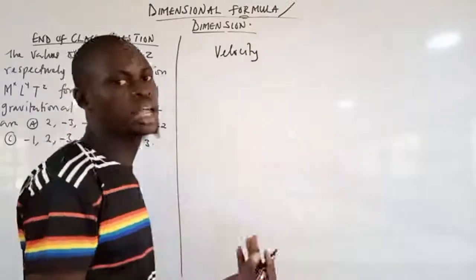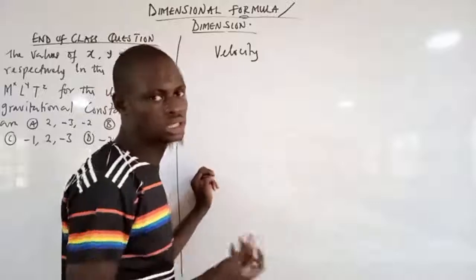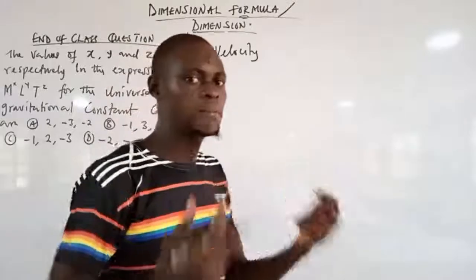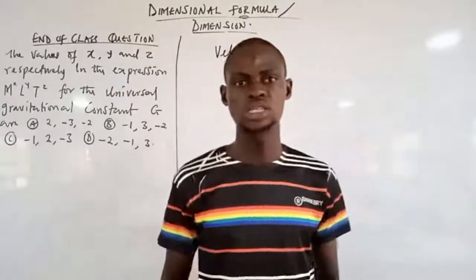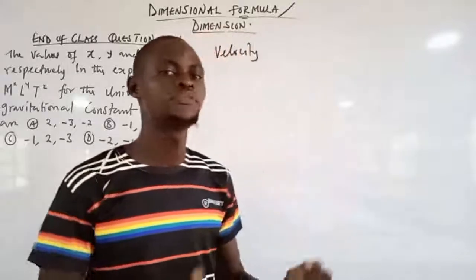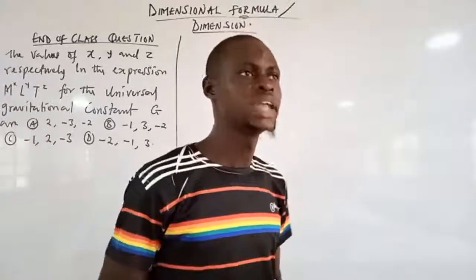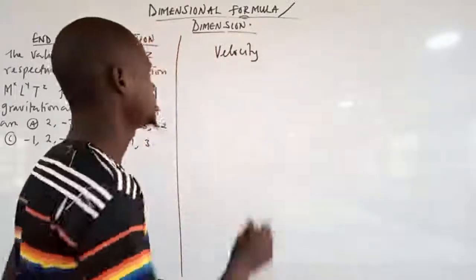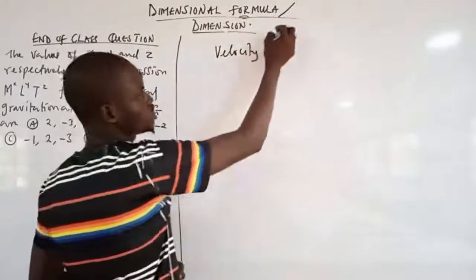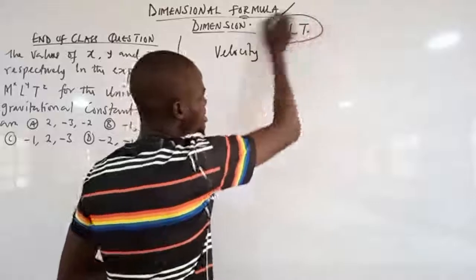The dimensional formula of velocity can be written using its unit. That is the best way. The best thing is to convert that quantity into its derived unit. Then from its derived unit, you can find the dimensional formula. Now, dimensional formulas are always written in terms of mass, length, and time in this order.